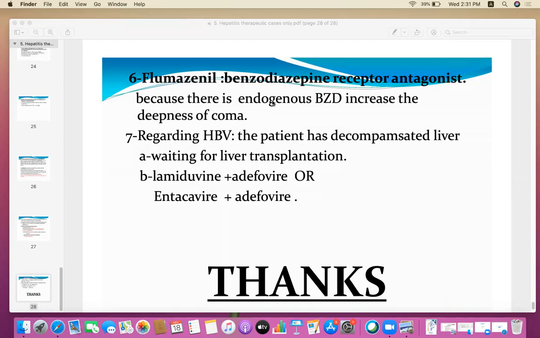So these three drugs are generally, if you see the therapeutics cases, if you have to treat cases of hepatitis B virus infection, and chronic, please take care and remember entecavir, tenofovir, and interferon alpha 2a.